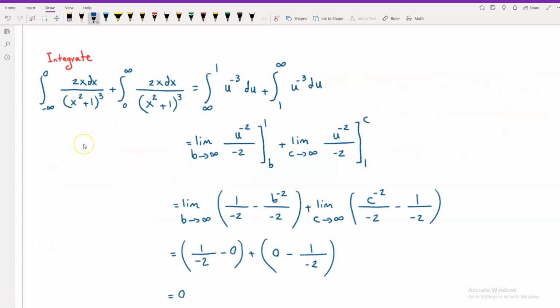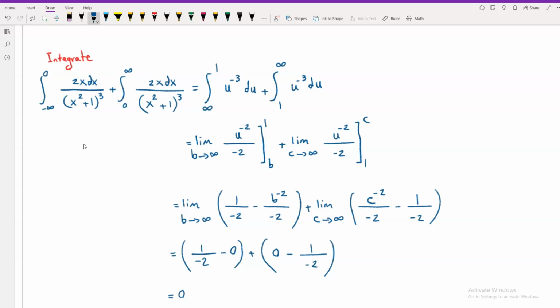Now integrate what we have here: the integral from negative infinity to 0 of x dx divided by (x squared plus 1) cubed plus the integral from 0 to positive infinity of x dx divided by (x squared plus 1) cubed. That is equal to, so instead of x squared plus 1, we have u, and 2x dx is equal to du.